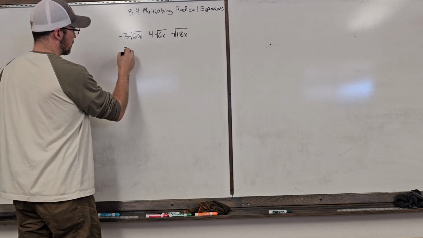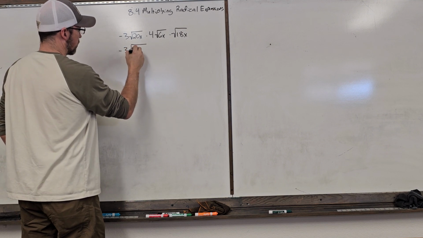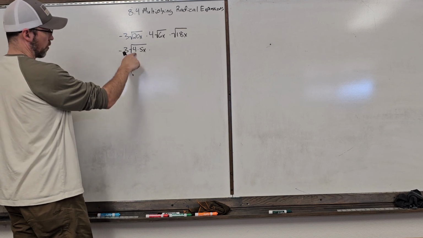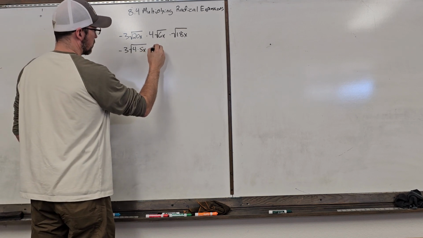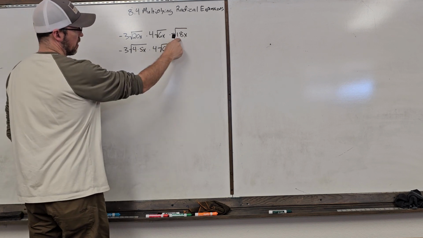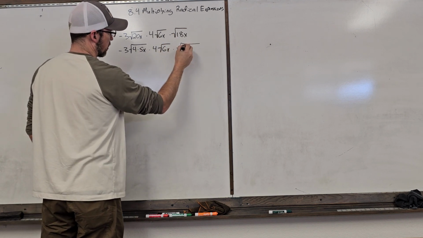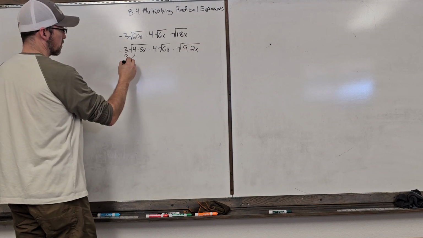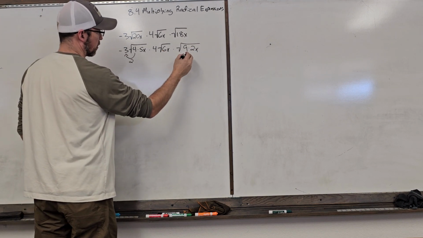I know that this is the same thing as negative 3, that's going to be 4 times 5x, because 4 is a perfect square, I can pull it out, times 4 square roots of 6x, nothing I can do with that 6. 18 is the same thing as 9 times 2x. So I can pull this 4 out as a 2, that's all stuck under there.